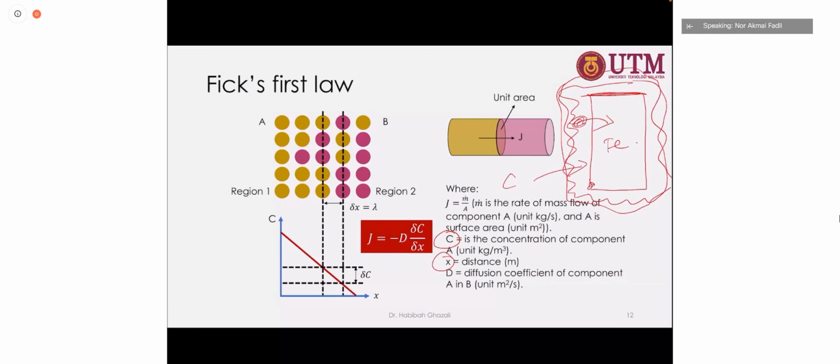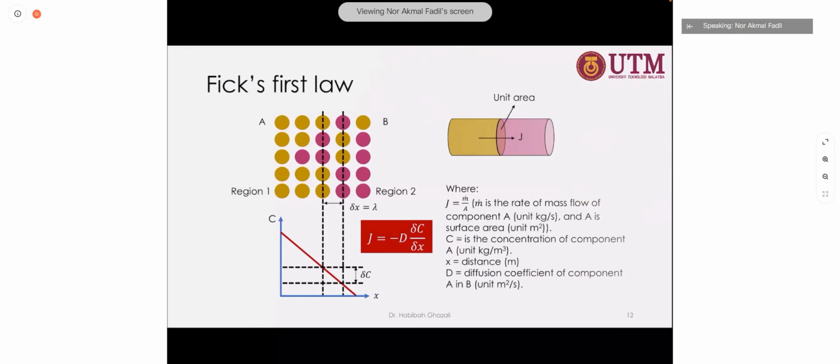So the interface is here, and the distance is from the interface to the center. This is X. This is the substrate, the steel. This is the region of the carbon, so it will diffuse in this direction, and X is from here to here.